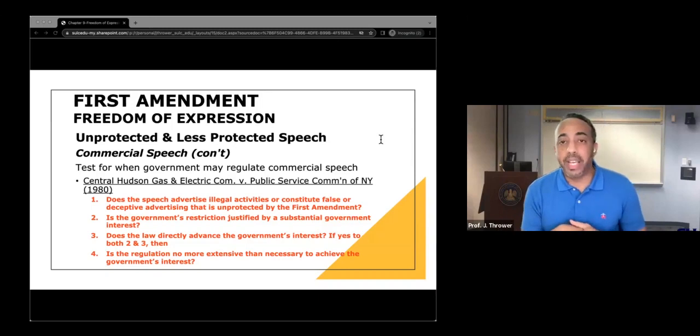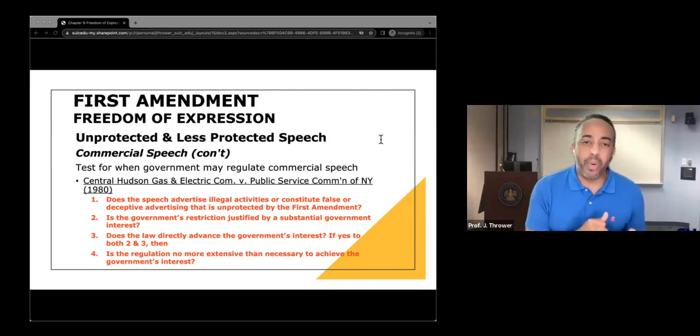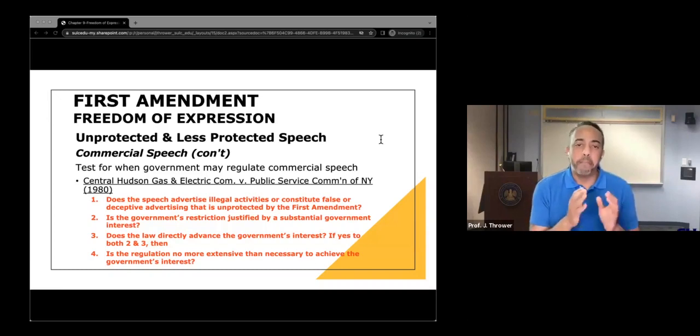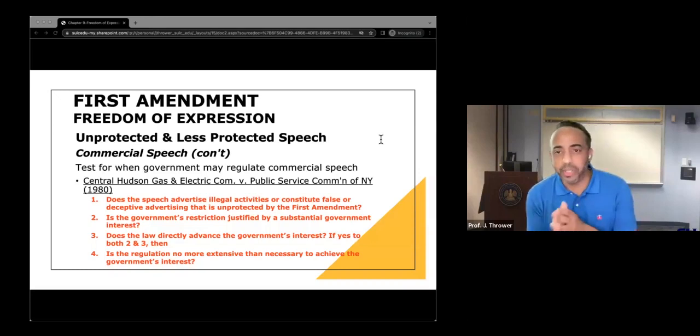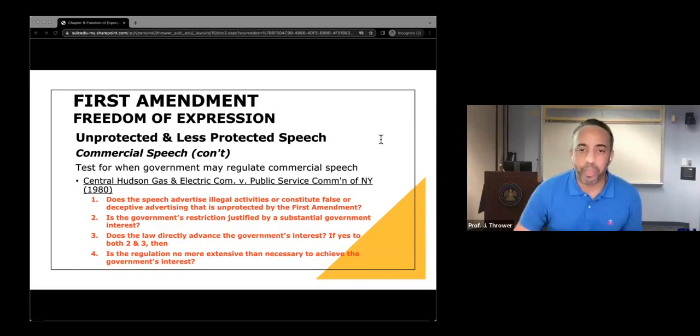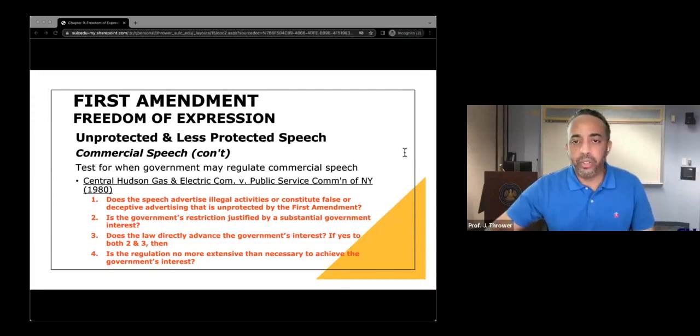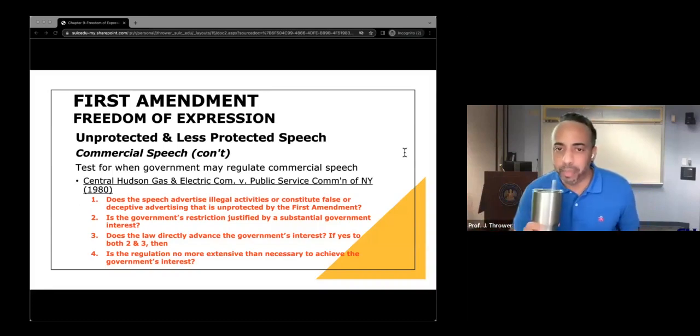That is, expression solely related to the economic interests of the speaker and its audience. The court noted that the First Amendment, as applied to the states through the 14th Amendment, protects commercial speech from unwarranted regulation. And in arriving at its holding, the court articulated a test that it used to determine whether the commercial speech gets First Amendment protection.